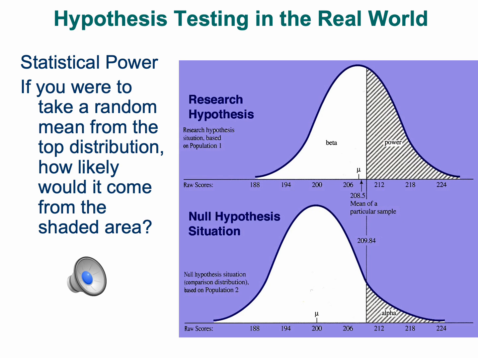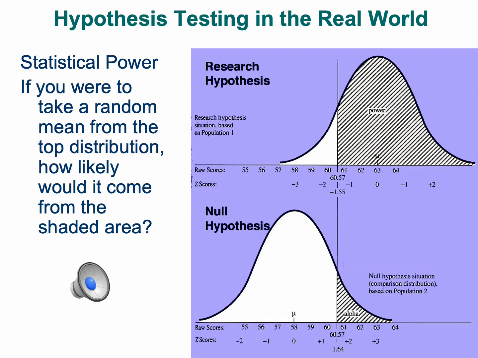So you can see the shaded area is a little bit less than half, so it must be a little less than 50% likely that the mean taken from the top distribution would come from the area at the top. Well, that's the probability of finding a value in that range, since all the shaded area is subsumed by that range. If you were to take a random mean from the top distribution, the probability of getting one in that range would be power.